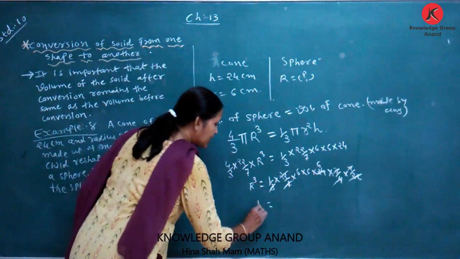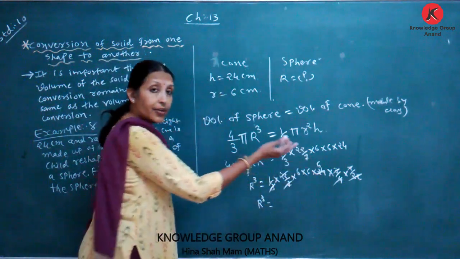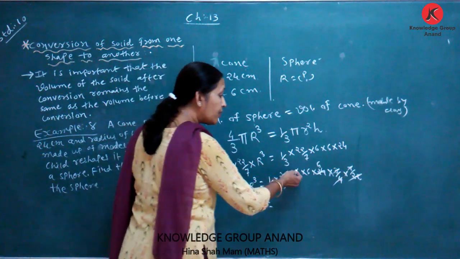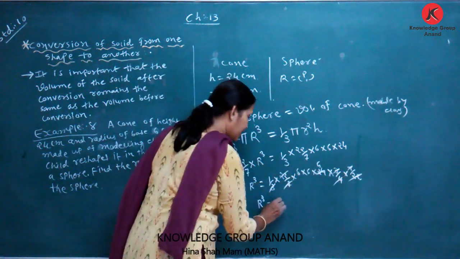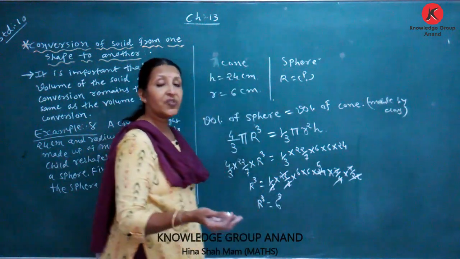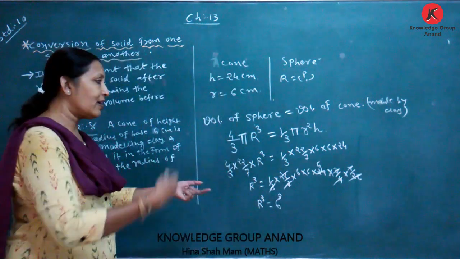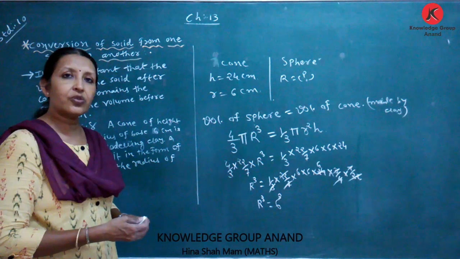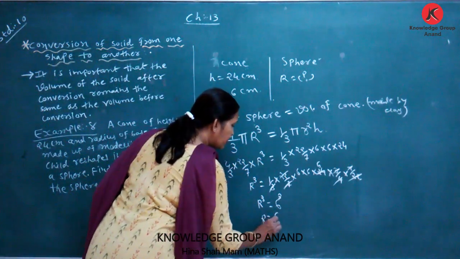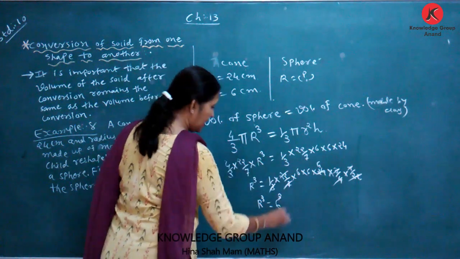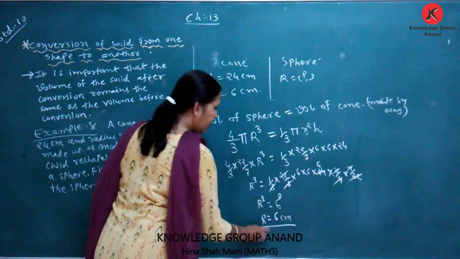R cube is equal to 6 into 6 into 6, which we write as 6 cube. Otherwise we write 216, since 6 cube is equal to 216. Then r is equal to 6 centimeter.